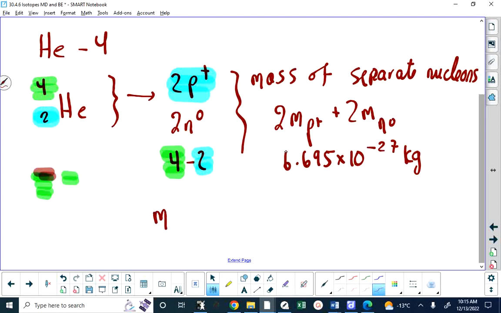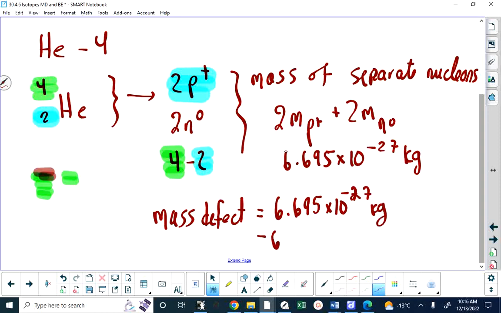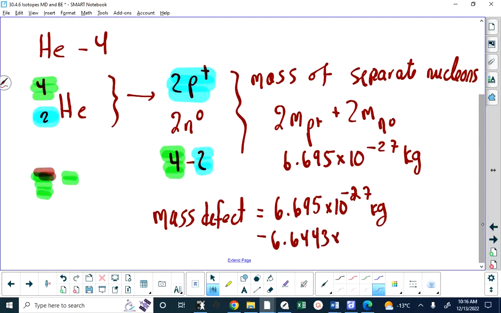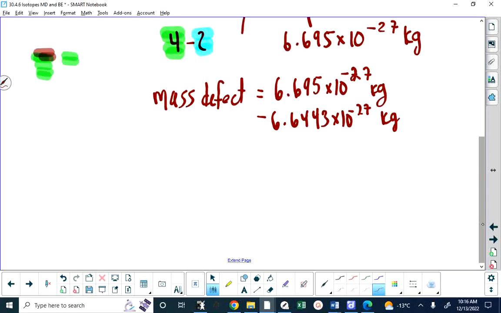The mass defect is the difference between that, which is a bigger number, 6.695 times 10 to the negative 27 kilograms, minus the 6.6443 times 10 to the negative 27 kilograms. And this is going to give us the mass defect of that nucleus.